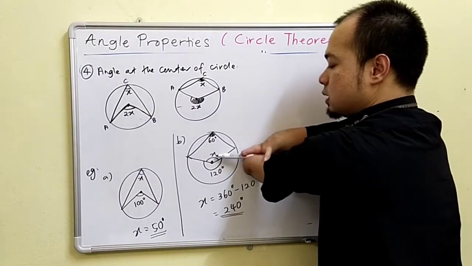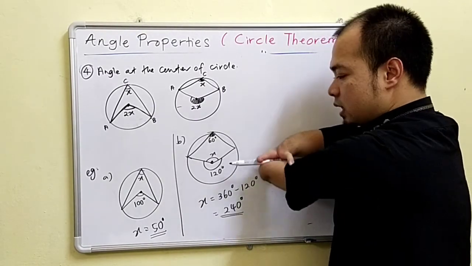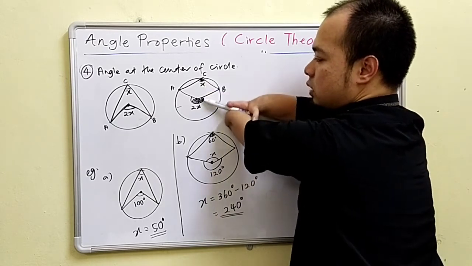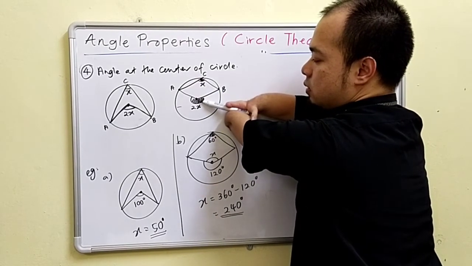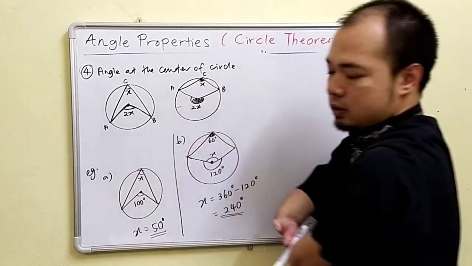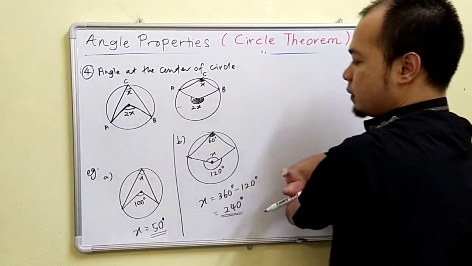So the angle x here is 240, not 120, because the angle here is in the major sector. For the previous case, it was in the minor sector. So be careful.